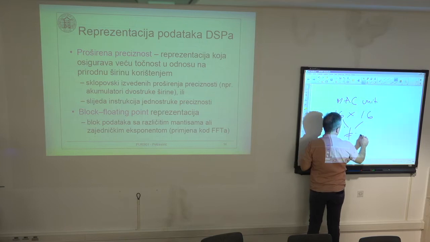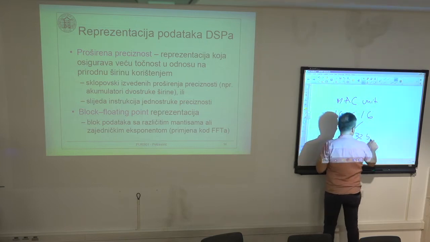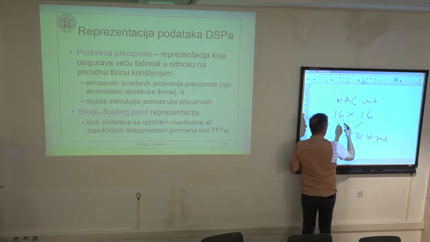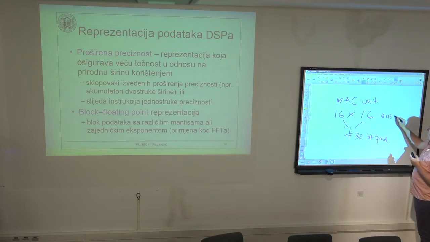So this is a double word, 30-bit product. Actually, this would be Q1.15 multiplied by Q1.15, and this would give the product that is Q1.30.